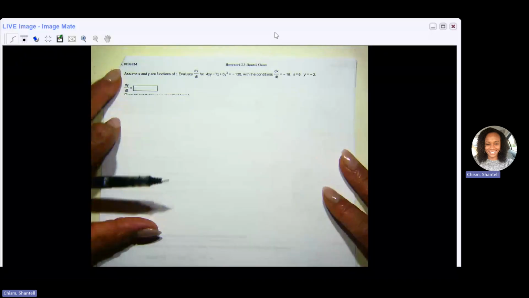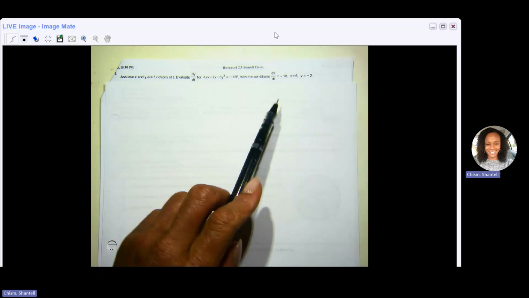Okay, so this first problem is very similar to one that we looked at previously. It is introducing us now to a third variable, and that is actually what we're going to take the derivative with respect to. So we're told here that x and y are functions of t.